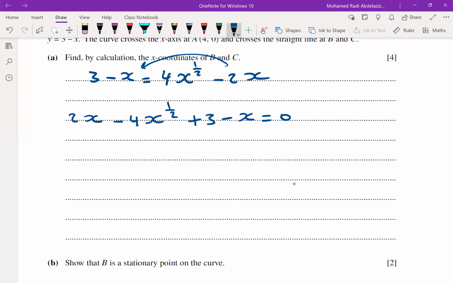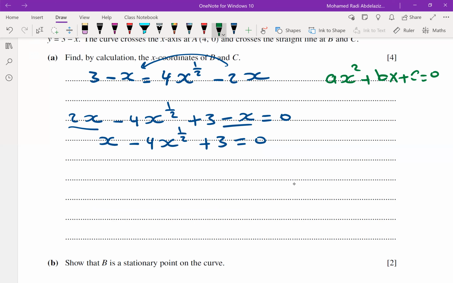Simplify more: 2x minus x will be 1x, minus 4x to the power of half, plus 3 is equal to 0. Looking at this equation, it's exactly in the form of a quadratic equation, ax squared plus bx plus c.